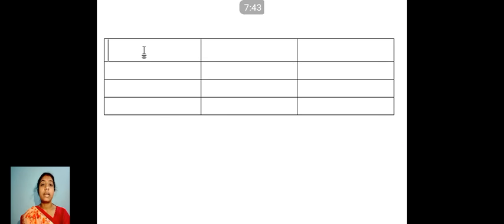I want to enter data here. So I have clicked there, I have typed, then I have pressed Tab, then I have typed, again I have pressed Tab and typed. I have typed name, class, section. It's your requirement what you want. I am entering some data to show you how it is done.